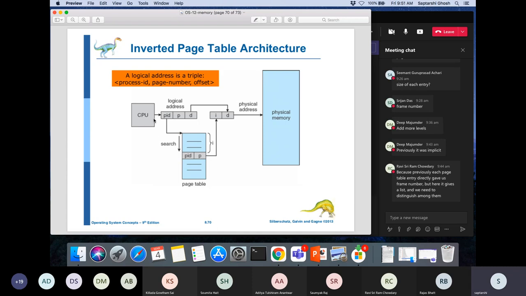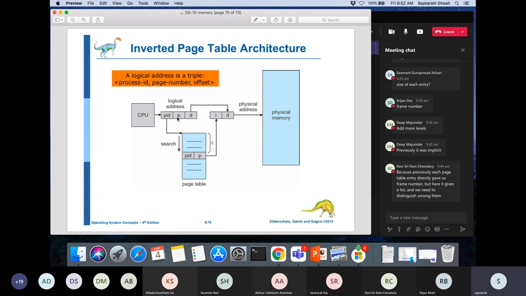The CPU generates an address which has both the process ID of the process which is generating this address, and then the logical address, that is P, the page number, and D. So now this inverted page table has to be searched for the entry PID and P. See, only P is not sufficient, because the logical address for every process starts with 0, and every process can generate logical address 100. So you have to match the PID also.